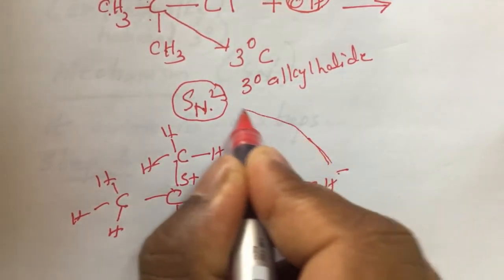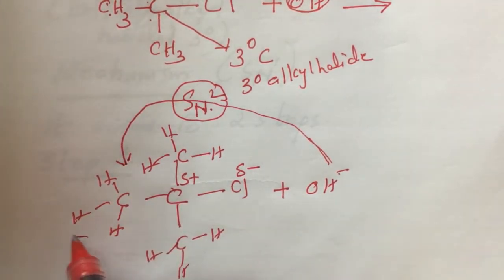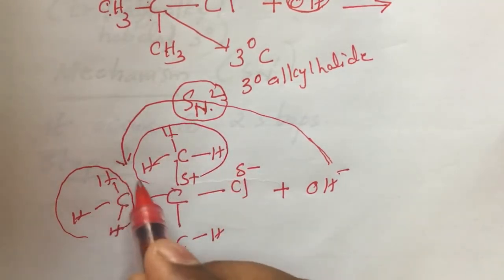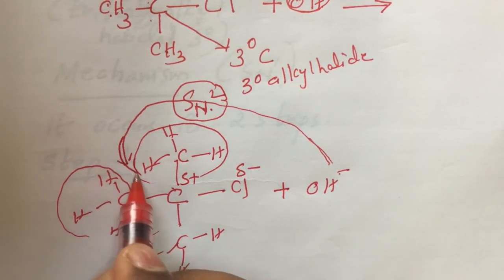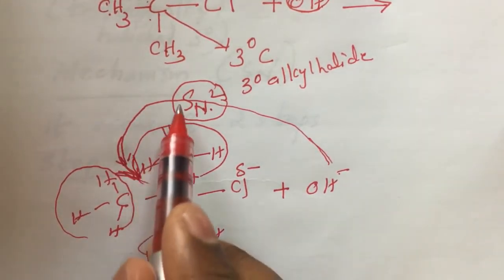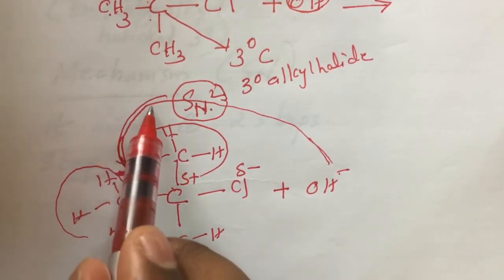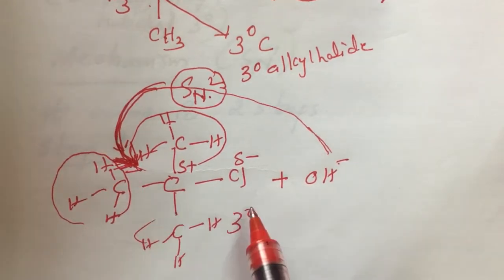Now it will try to attack from the back side, but it is difficult. Why? Due to these CH3 groups, there is an overcrowding effect. There is a crowd here, so attack from the back side becomes difficult, because here the space is less.